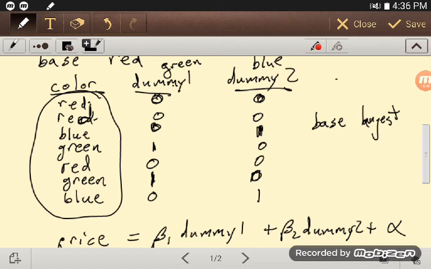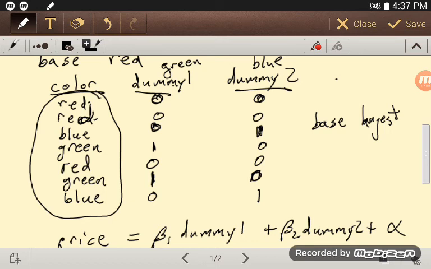You could have categories like small, medium, large. In that case, you might think that, well, why is it so bad to have a numerical variable there? And maybe in some cases it's not a terrible thing.